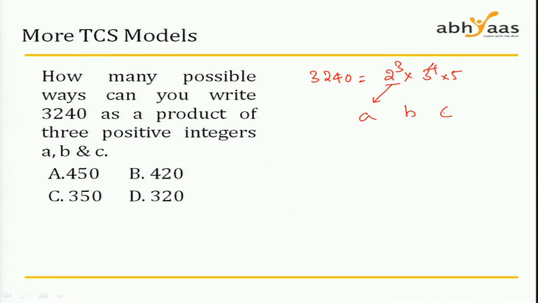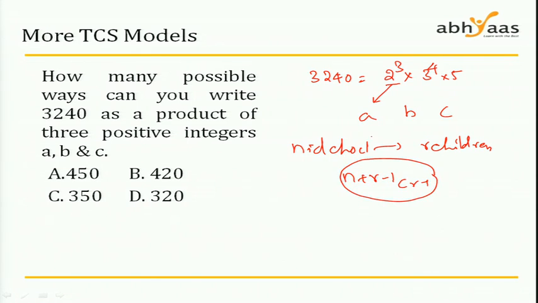It is very similar to a problem of n identical chocolates distributed among R children. The number of ways of doing this, revise your class notes once, we have done this: n plus R minus 1 C R minus 1 is the formula in which n identical chocolates are distributed among R children. Now let's use this formula.